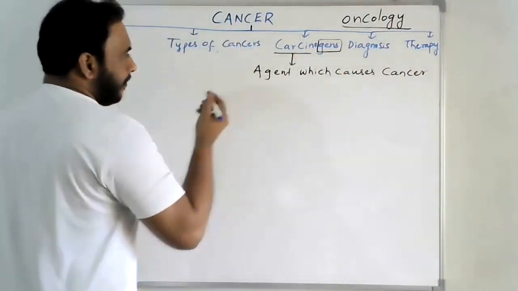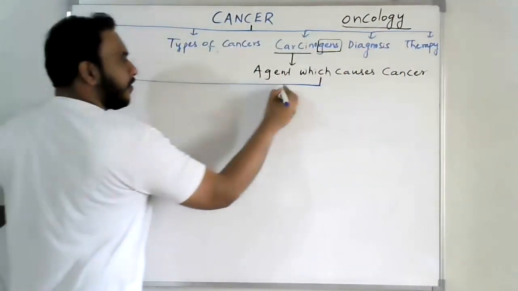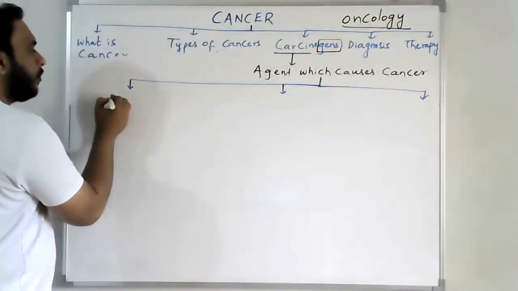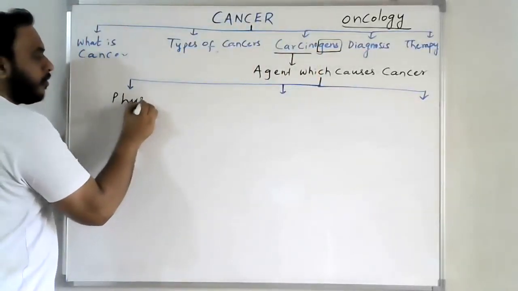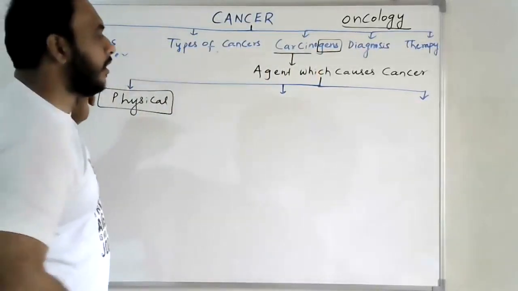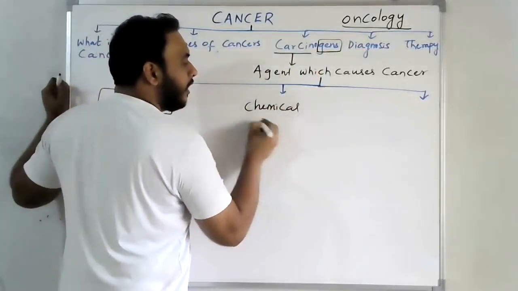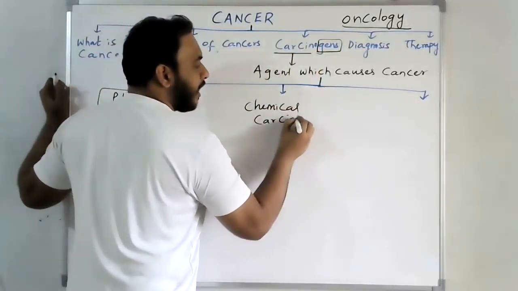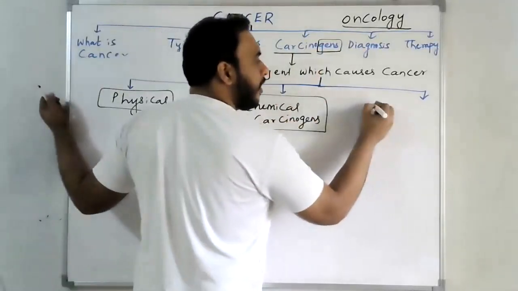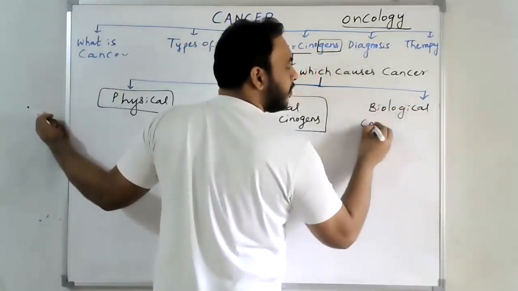So there are 3 types of carcinogens. The first type is physical carcinogens, the second type is chemical carcinogens, and the third type is biological carcinogens.